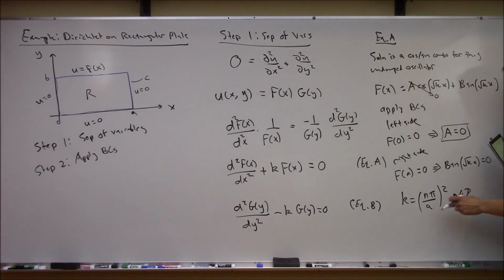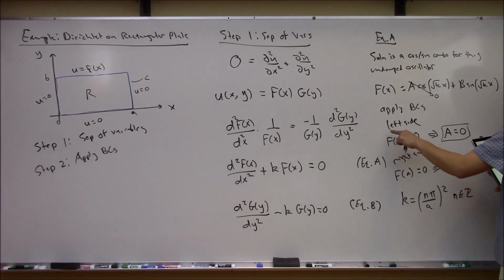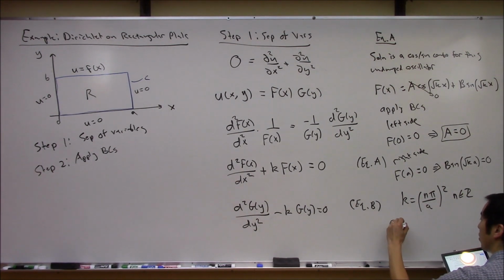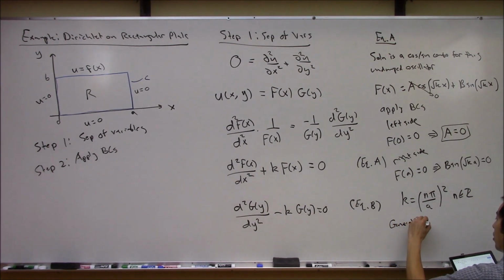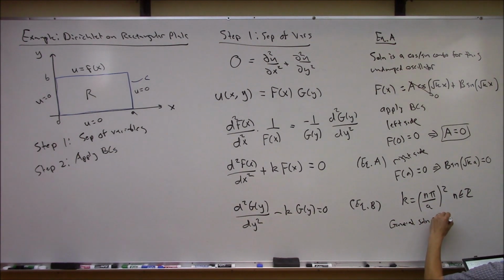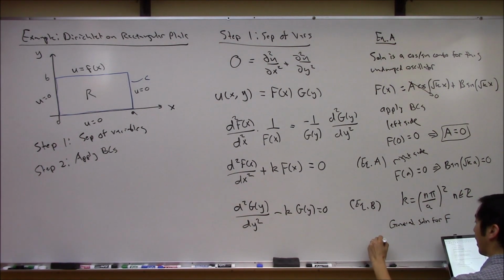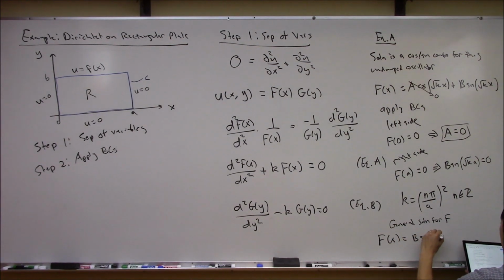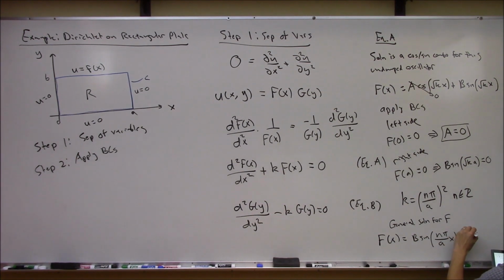It's not too bad. So after all of that analysis, we see that finally this f function, the general solution, is going to look something like f of x is equal to b times sine of n pi x over a, for n in the integers.